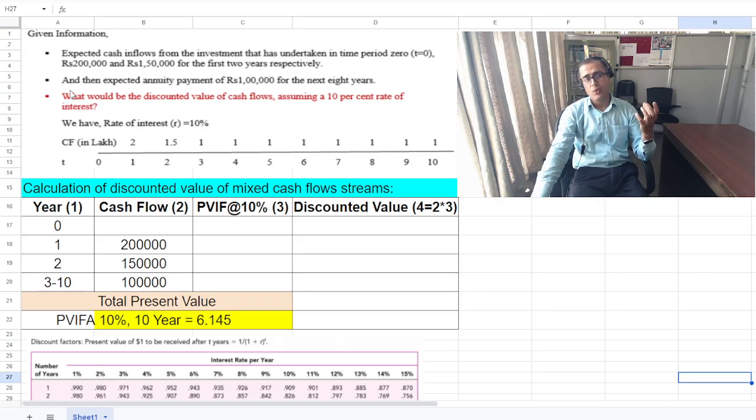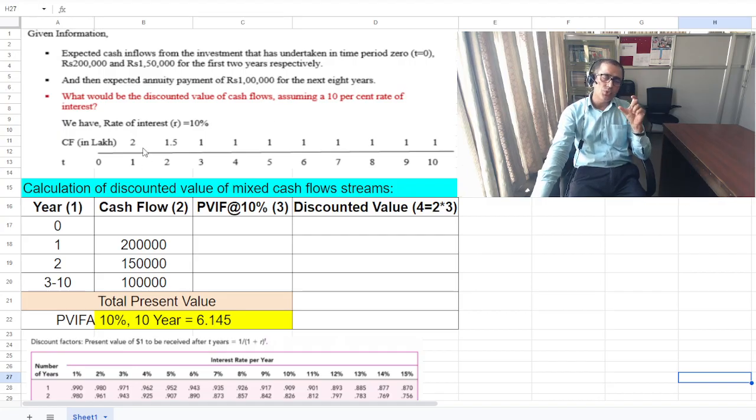Then the expected annuity payment is 1 lakh for the next 8 years. So altogether your time period is 10 years total. If the discount rate is 10%, then what would be the total discounted value of the cash flow, or you can say the total present value?